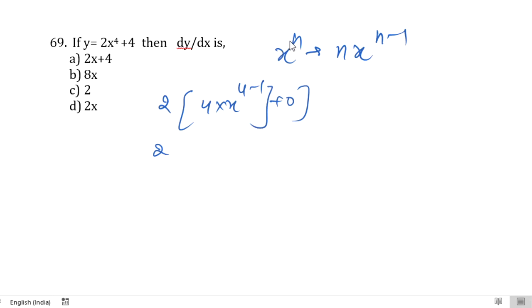So it is 2 times 4 x to the power 3, that is 4 2s are 8 x to the power 3. So there is this 3 missing, just a typing mistake. Correct? So answer B is correct. Okay. Let's move on to the next question.